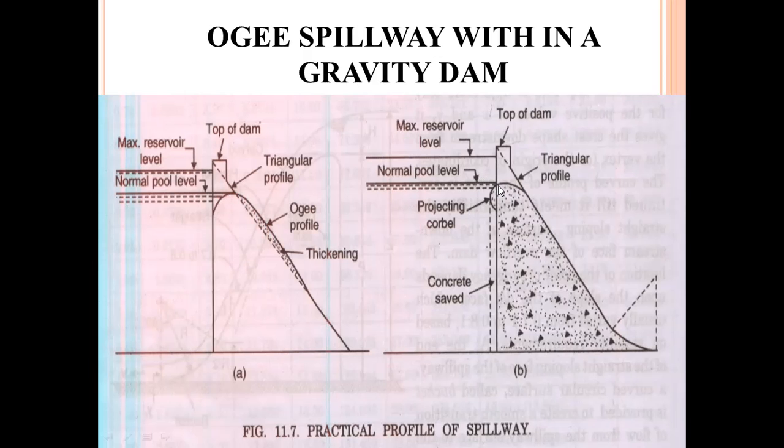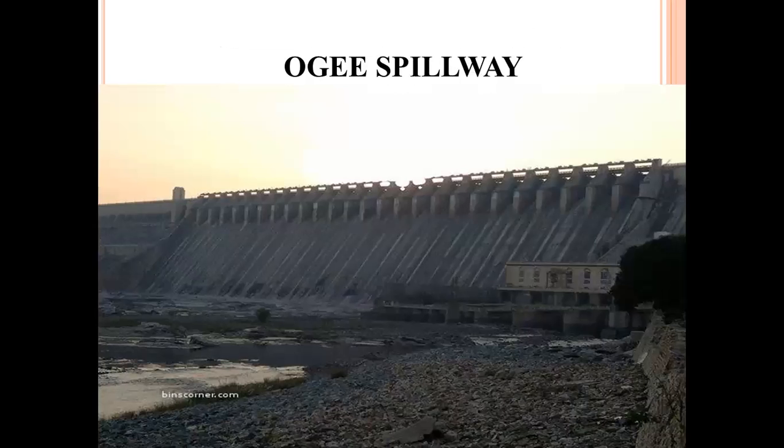So the upstream Ogee entrance projection is known as a projecting corbel. That is concrete, above the normal pool level and maximum reservoir level. These are the profiles of the Ogee spillway.